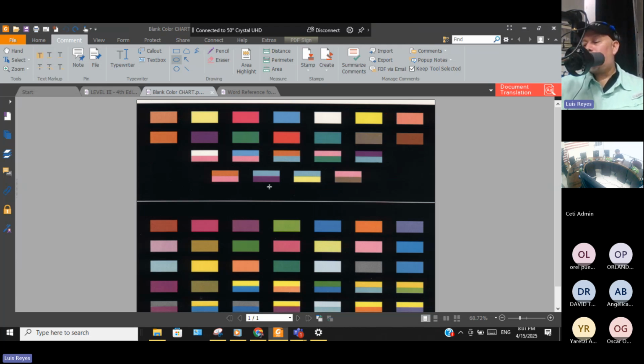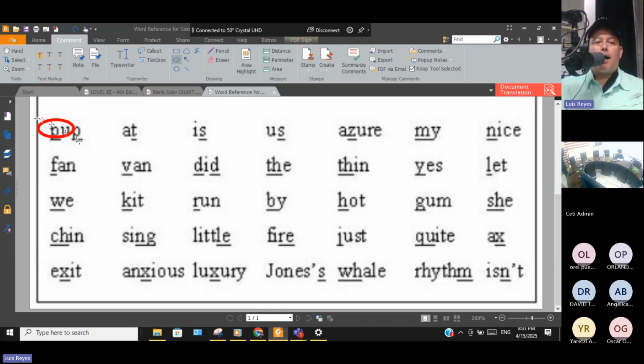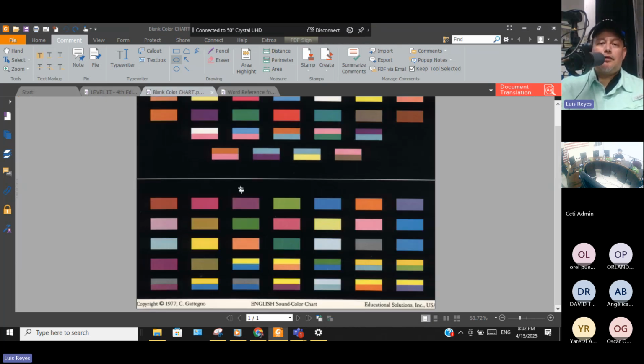And we're going to continue with the 35 consonant sounds. Okay, so let's continue. Pop, P is the sound. P-O-P, P on the color chart.